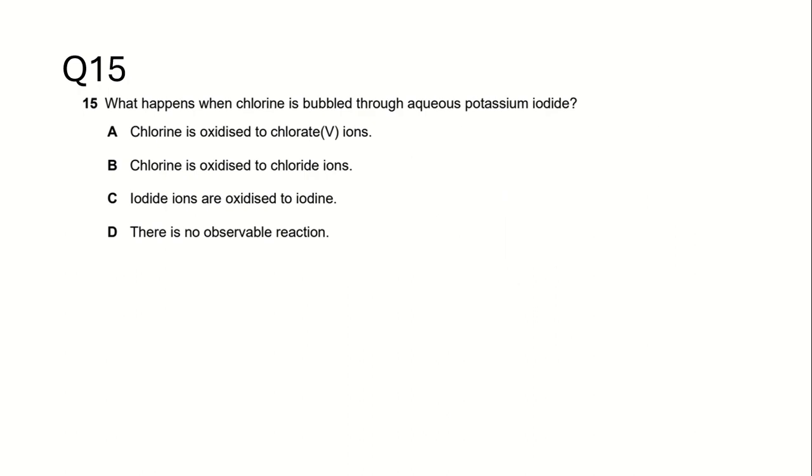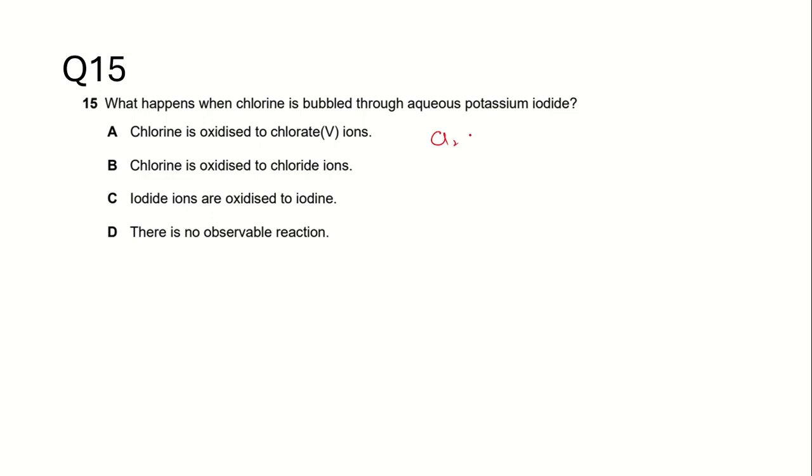Question 15. What happens when chlorine is bubbled through aqueous potassium iodide? Okay, I think we have mentioned this before already in the oxidizing power of group 17. Again, in question 5, we talk about the oxidizing power.